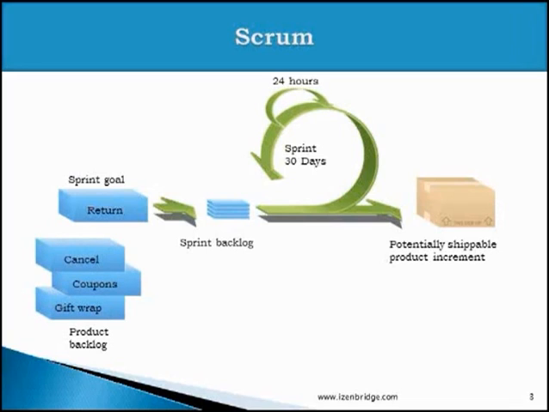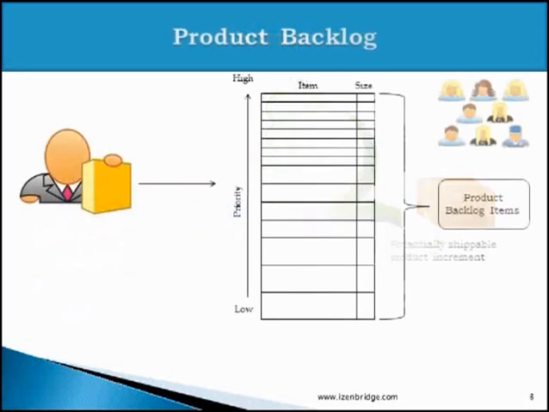And during these work days, we also conduct a daily Scrum meeting to coordinate and collaborate the work among the team members. So this is how Scrum delivers the software. Scrum projects start with the product backlog, and they keep delivering a potentially shippable product increment at the end of every sprint.